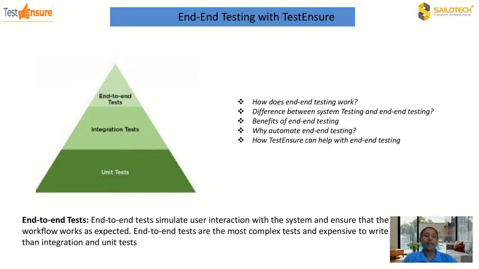The test cases are divided to make sure we are covering everything. First come unit tests, then integration, then end-to-end, and of course functional is part of that as well. End-to-end is at the top portion of the pyramid.